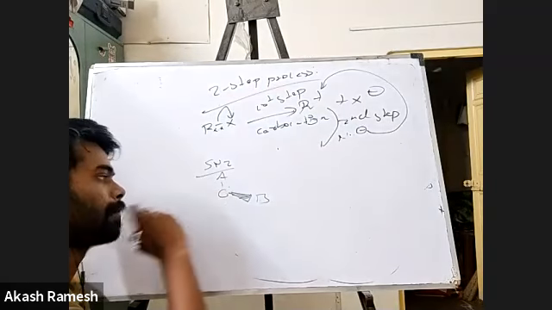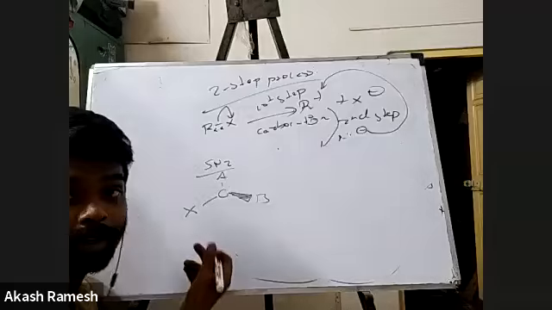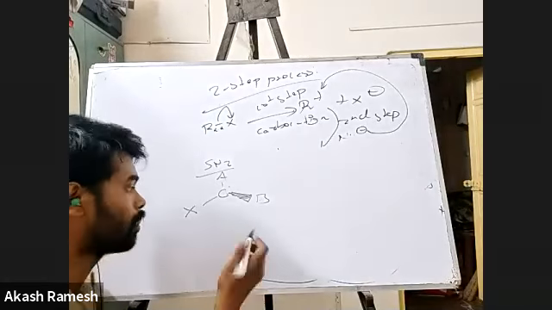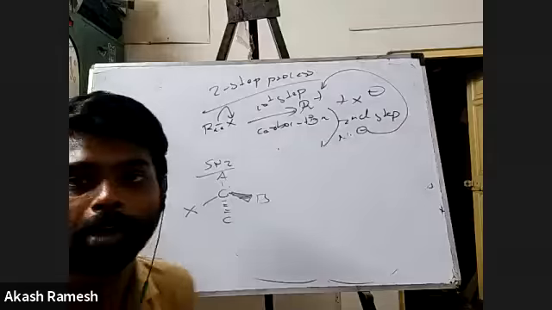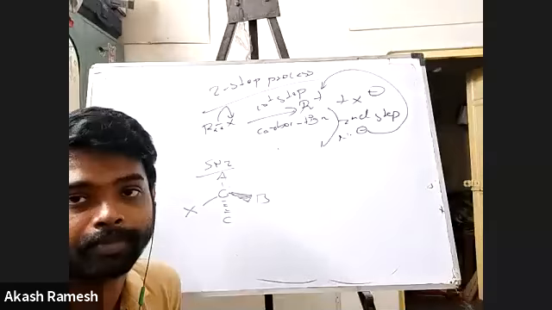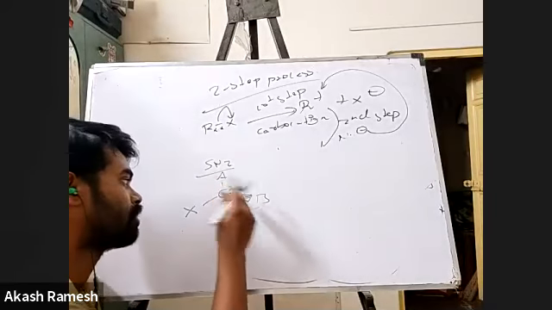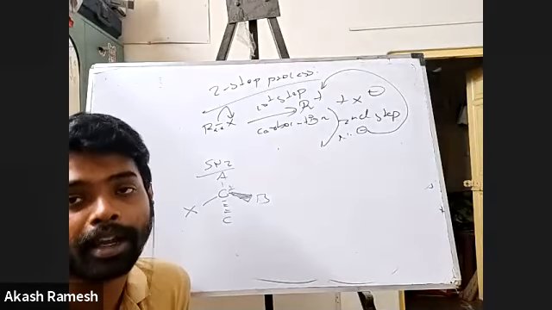And I have some X, which is the leaving group, and you have some C. I have this present. Now you see this is chiral. How is it chiral? A, B, C, X, all four are different groups, and that becomes a chiral carbon atom.